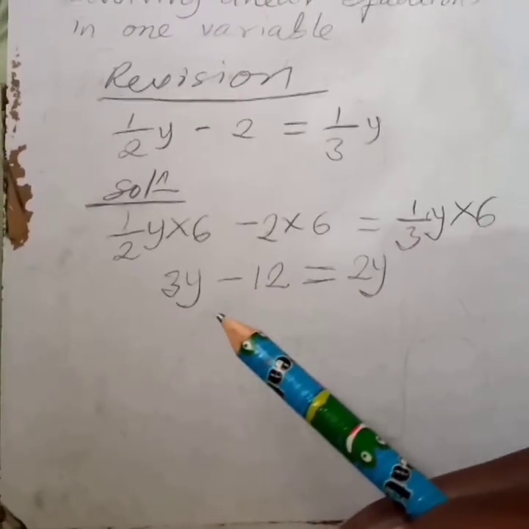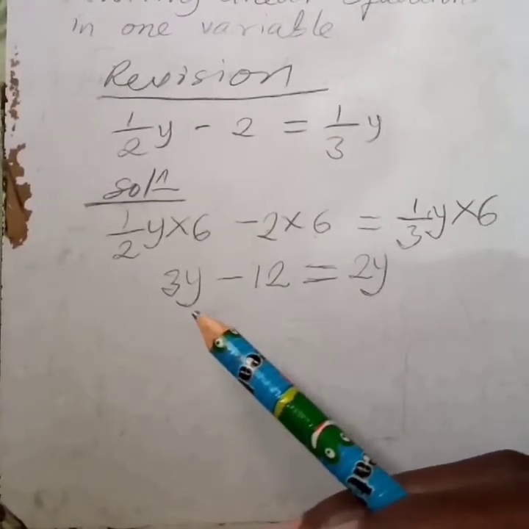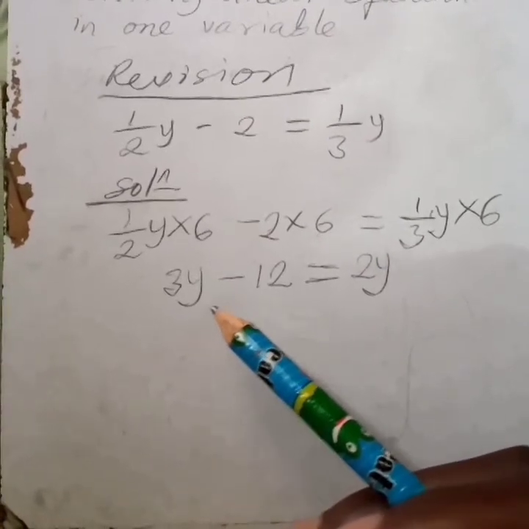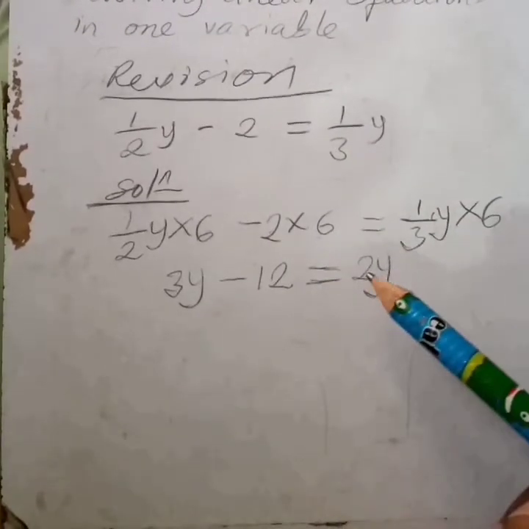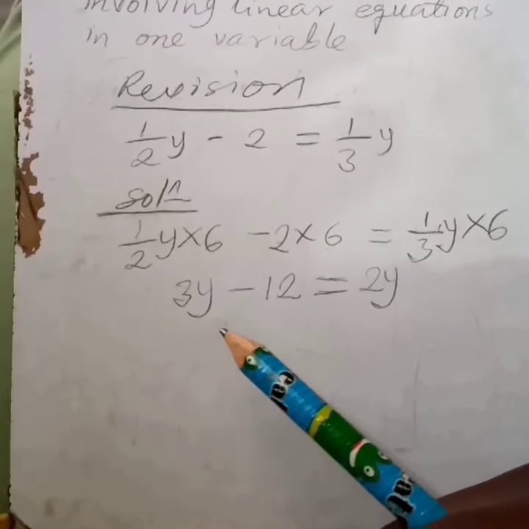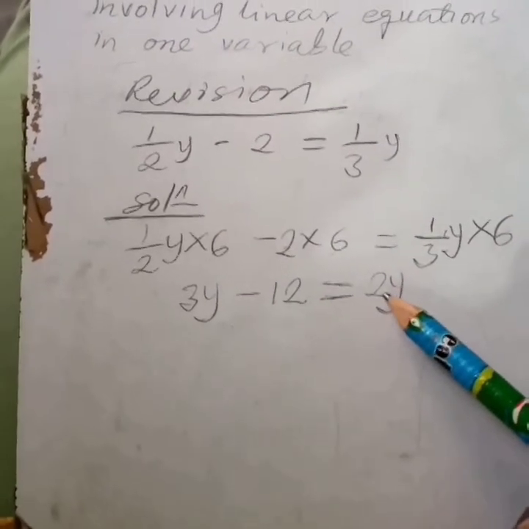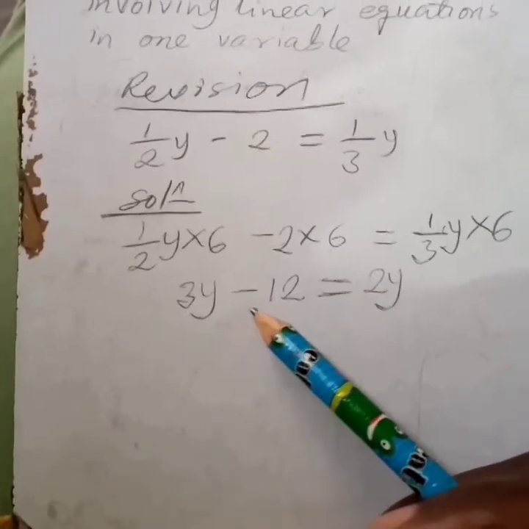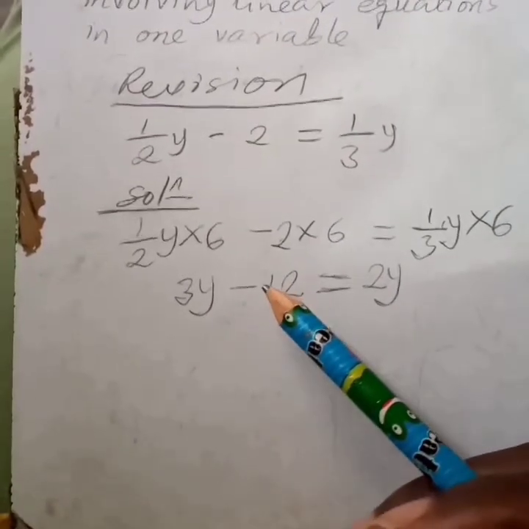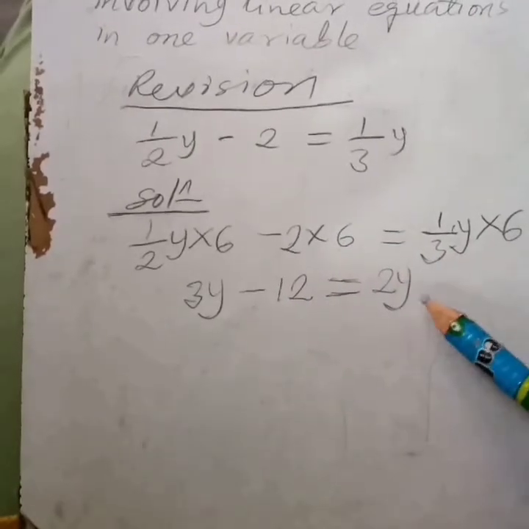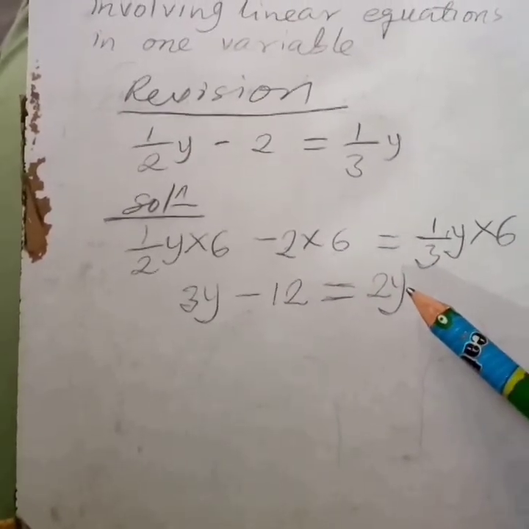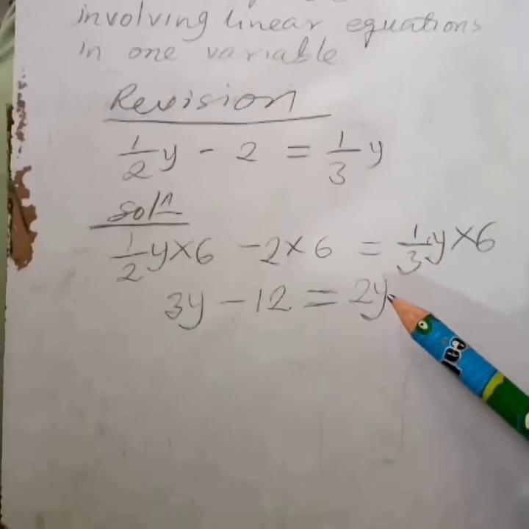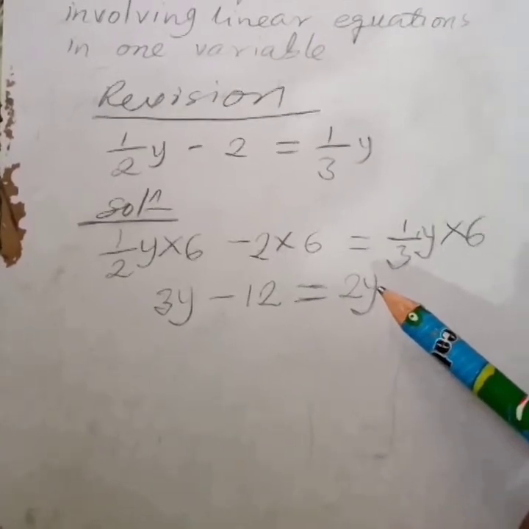Now you can go on by grouping like terms. So this 2y here must be at the left hand side of the equation, and then this 12 here must be at the right hand side. And as I usually say, they are not done by magic.